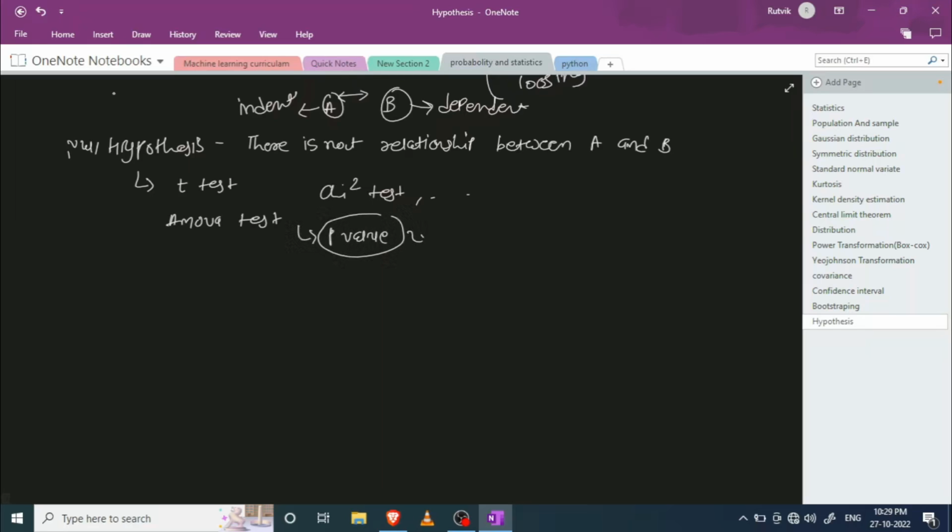Suppose the p-value that we have calculated is nearly 2.85. We are going to compare it with another concept called alpha, because alpha is the significance value.